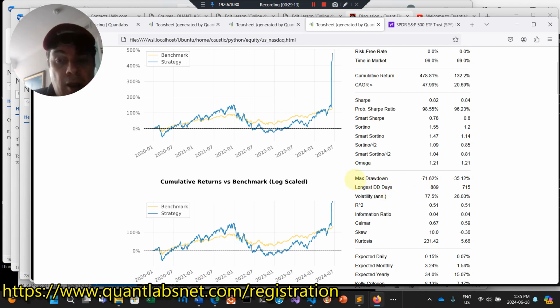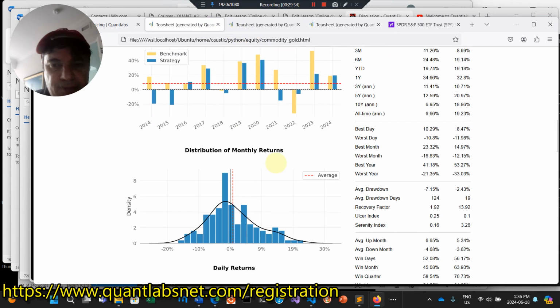One area that's very important to know is you don't want a mix of portfolio, namely ETFs or whatever it is, to have a max drawdown of more than -15%. So here you see -35, -71. But here's the sacrifice you pay.